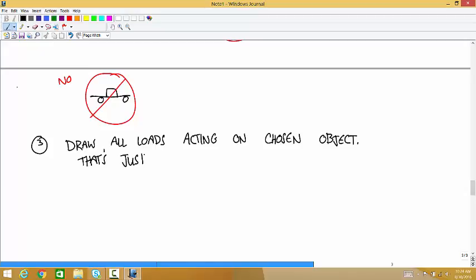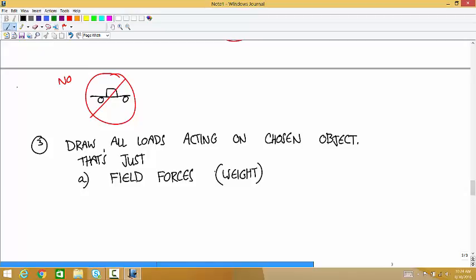So all the loads acting on an object are just, first, field forces. In this class, that's just talking about the weight, the force applied by gravity, although that also could include magnetic forces and electric field forces.